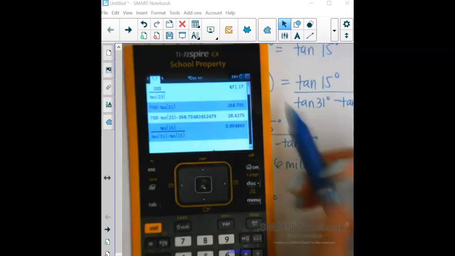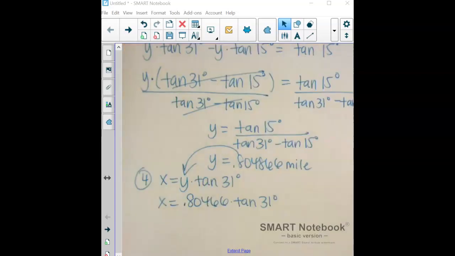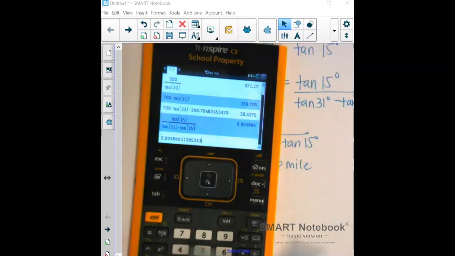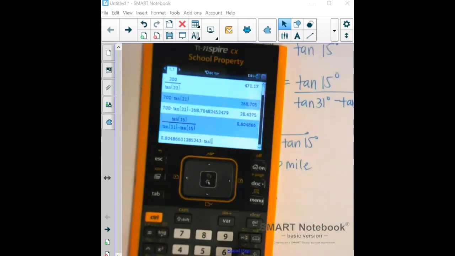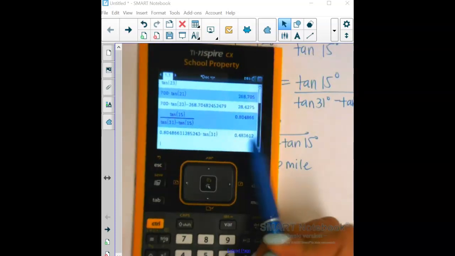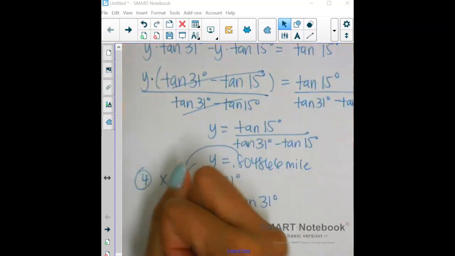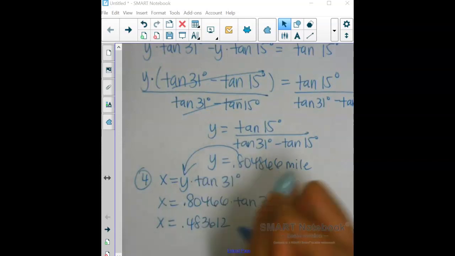I'm going to double check my calculator is in degree mode, so I'm okay. I'm going to take that decimal, copy it down, and multiply it by tangent of 31 degrees. So my decimal is going to be 0.48362, and this is again in miles.